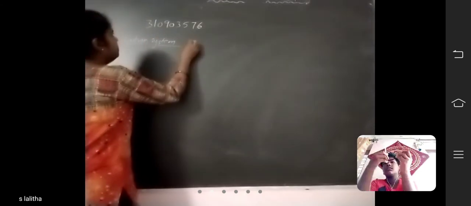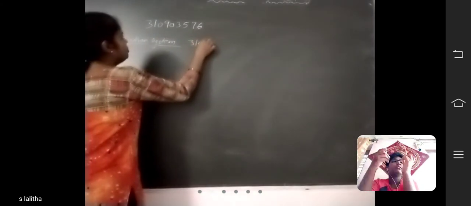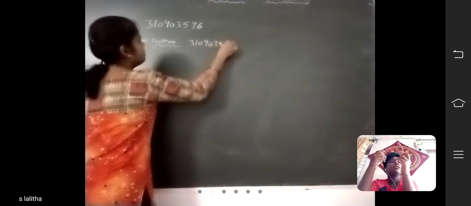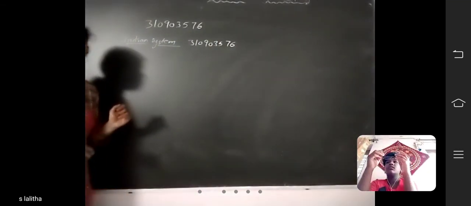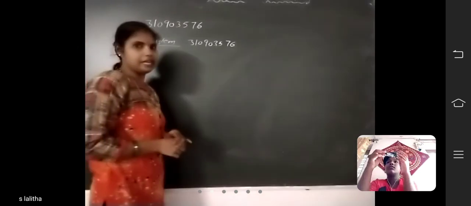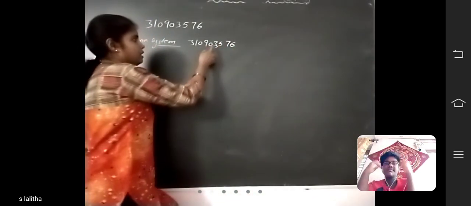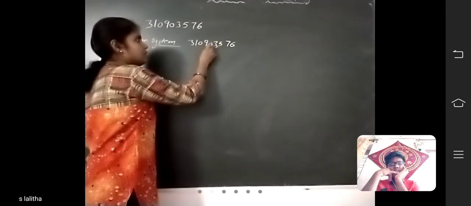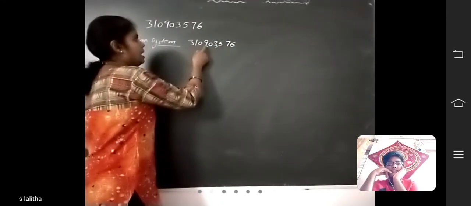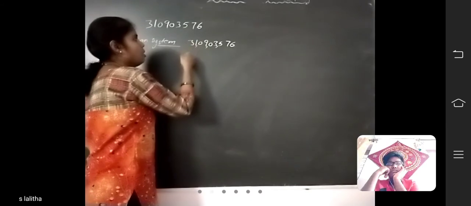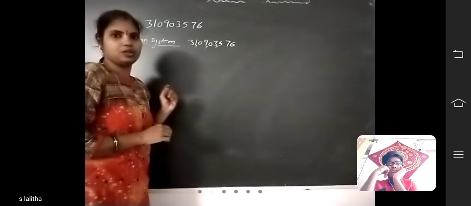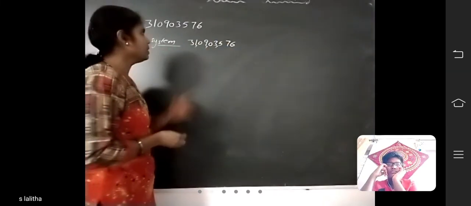So write that number 310903576. First, you should keep the commas in the Indian system. Ones, tens, hundreds, keep the comma. Next, thousands, 10,000, keep comma. Lakhs, 10 lakhs, keep comma. Crores, 10 crores.